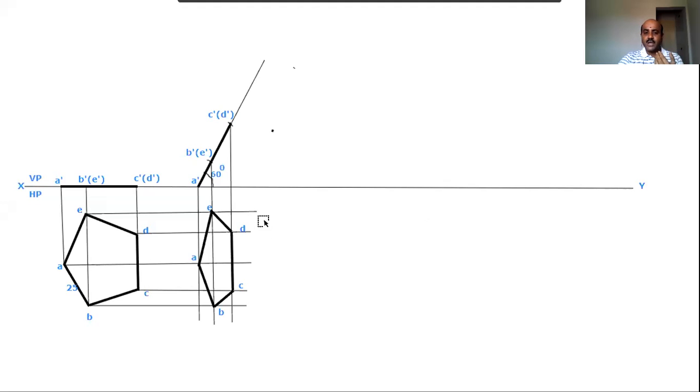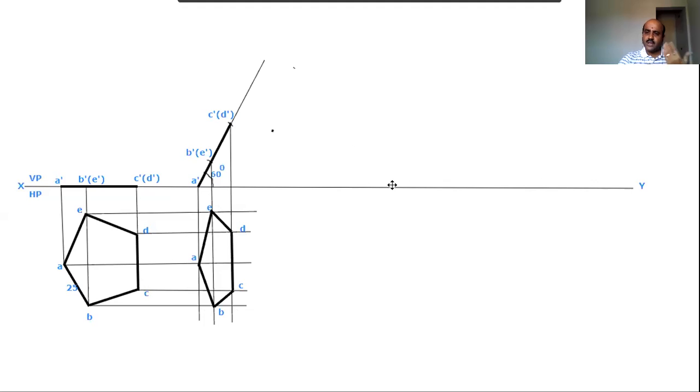We have the second position top view, right? We are going to transfer this second position top view pentagon over to the third position, such that on the XY line, the side opposite to the corner on which it rests, CD, comes on the XY line. Then it satisfies that the side opposite to the corner on which it rests is touching VP.